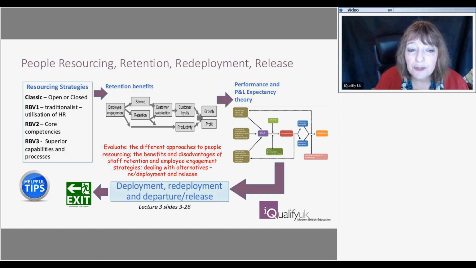So our helpful tips question is: evaluate the different approaches to people resourcing, the benefits and disadvantages of staff retention and employee engagement strategies, and then dealing with alternatives for redeployment and release. And there's a fair few slides there for you to go through.